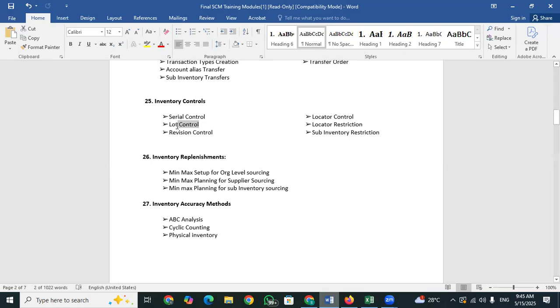And lot numbers: for example, with medicines at the pharmaceutical level, there are expiration dates. If you take any tablet, there is an expiration. How can we track that, if there is expired material in our godown? Based on lot numbers. And revision control is related to software.